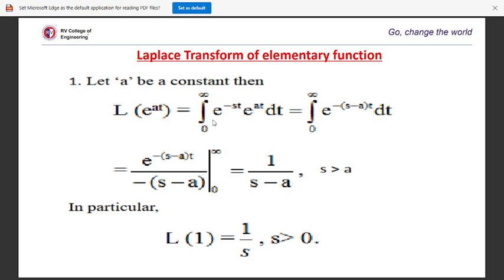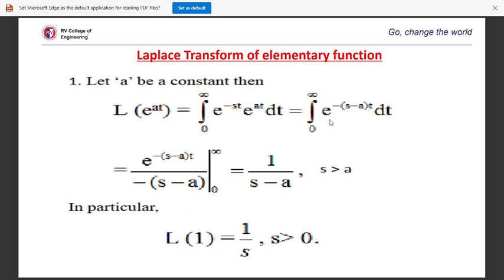By the definition of Laplace transform, here clearly f of t is e power at, then the Laplace transform of e power at is the integral between limits 0 to infinity of e power minus st into e power at dt. Now, since the bases are the same, the powers can be added. Then the integral becomes e power minus of s minus a into t dt.